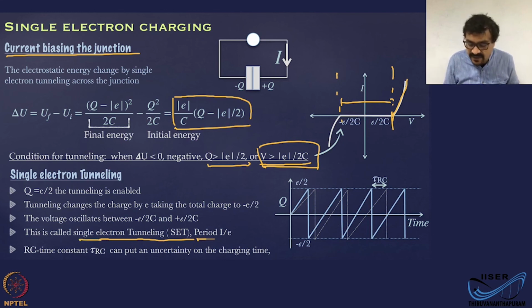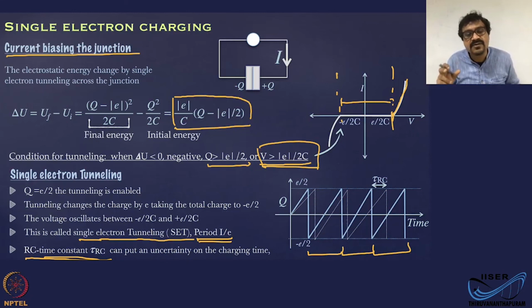And this happens at the period I by E. Now let's look at the energy time uncertainty here. There is a temporal uncertainty of this tunneling that is of the order of the RC time constant tau RC. That is the fluctuation time when this tunneling is going to happen. So the period I by E is accurate only to tau RC.